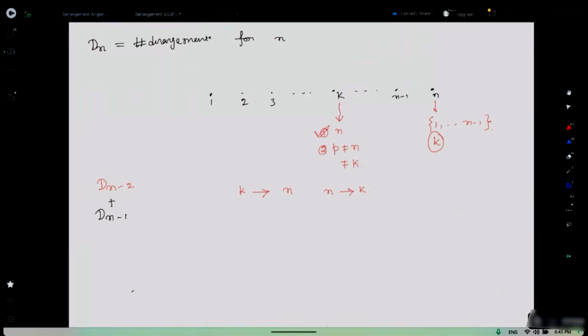And this is when we fix value k in a place, but there are n minus 1 options, right? So we multiply this whole thing by n minus 1 by the multiplication rule. So what we have established is that dn is equal to n minus 1 into dn minus 2 plus dn minus 1.